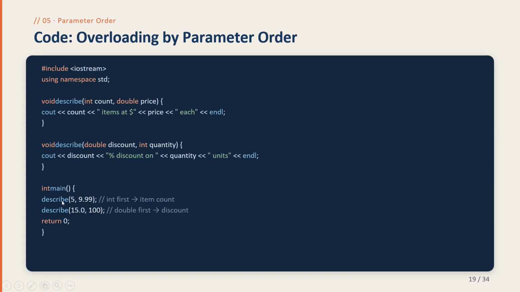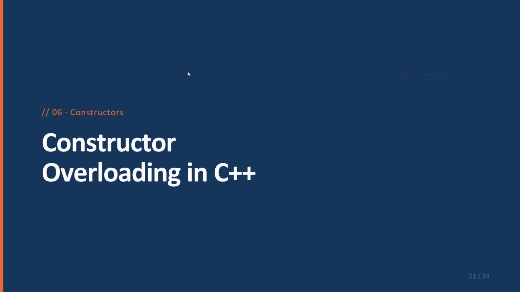So automatically this call goes to describe(int count, double price). Therefore the compiler selects this first function. The output demonstrates the order of argument types, which describes which overloaded function is called. Although the technique is valid, it should be used carefully because excessive reliance on parameter order can sometimes make a program less readable.